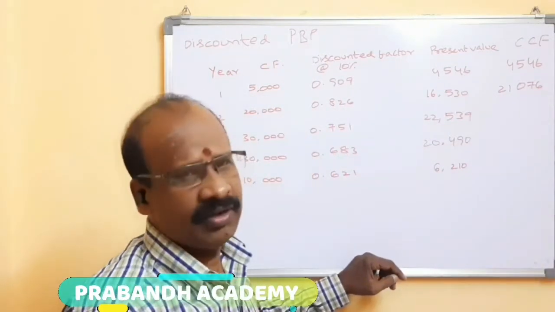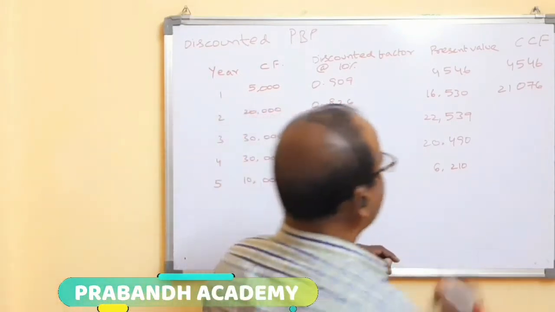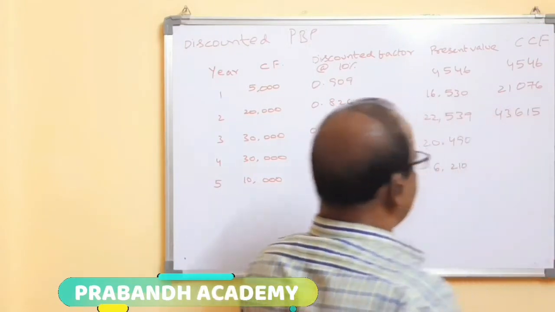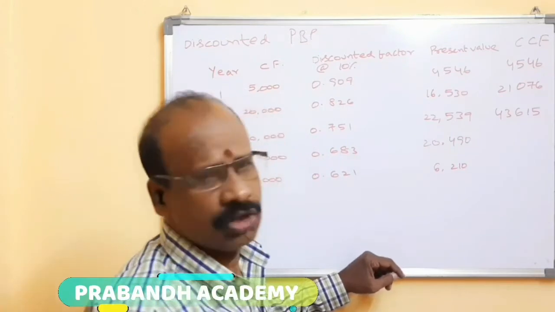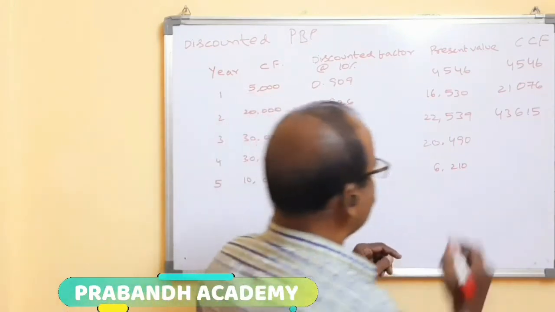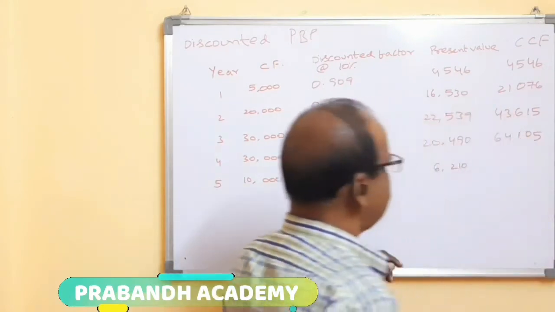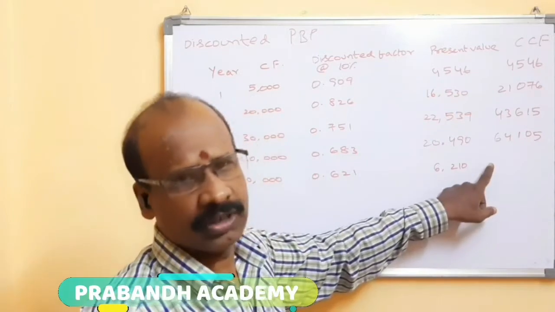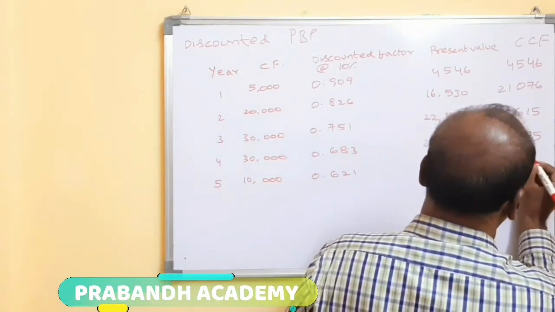And third year, 21,076 plus 22,539, we get 43,615. Fourth year, 43,615 plus 20,490, we get 64,105. Finally, fifth year, 6,210 plus 64,105, we get 70,350.